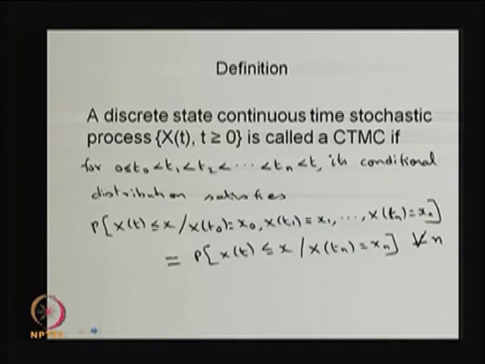That is called the memoryless property or Markov property. So, since this property is satisfied by the stochastic process, which has the state space discrete and the parameter space continuous, then that stochastic process is called a continuous time Markov chain. So, this is the definition.